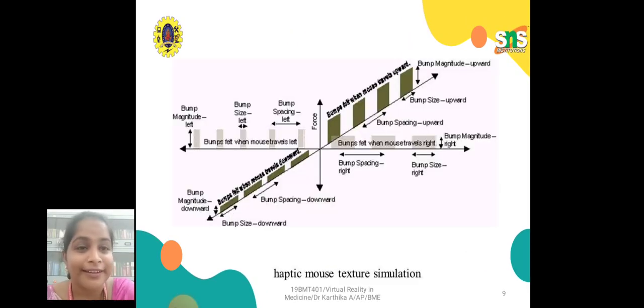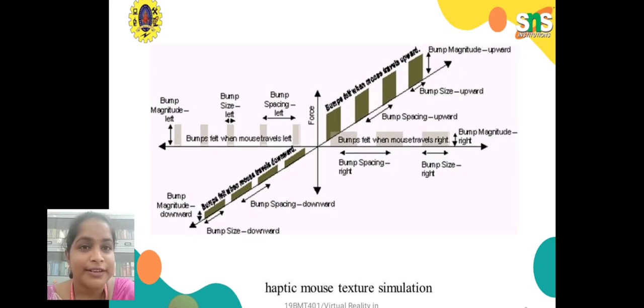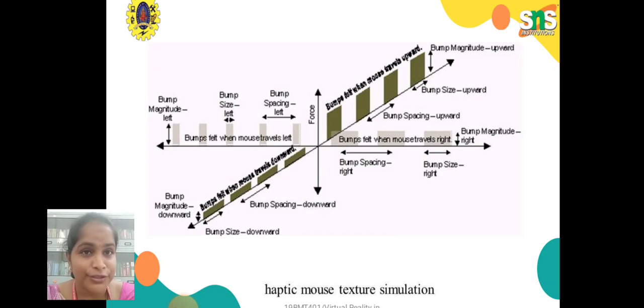Okay, see the explanation for that tactile. First, we have bump magnitude at the left side and bump magnitude at the right side, and also bump size at the left as well as right. Also we have bump spacing at the left as well as right, and in the center we have force. We also have bump spacing downward and bump size downward.